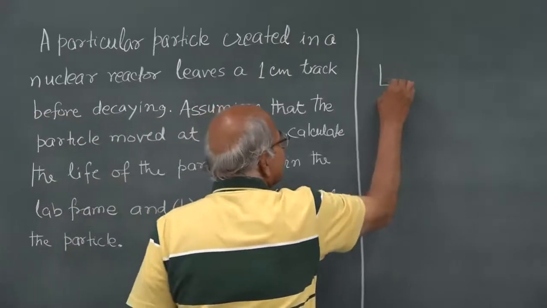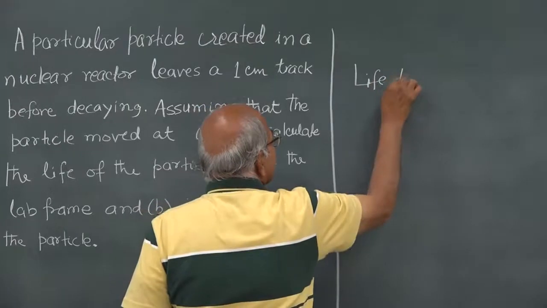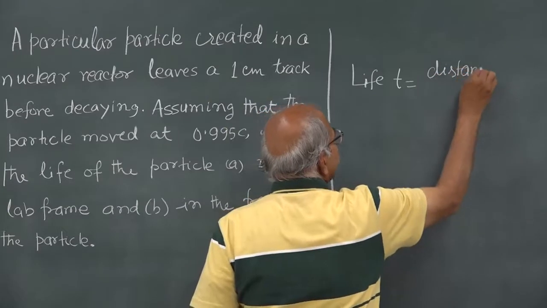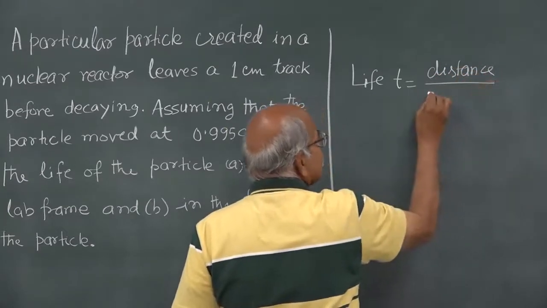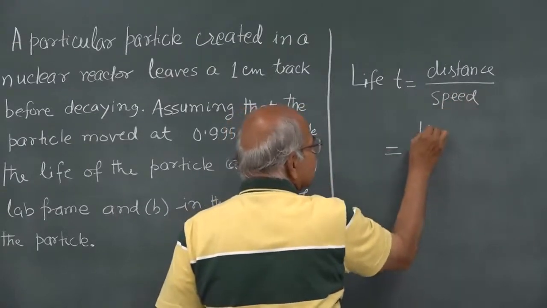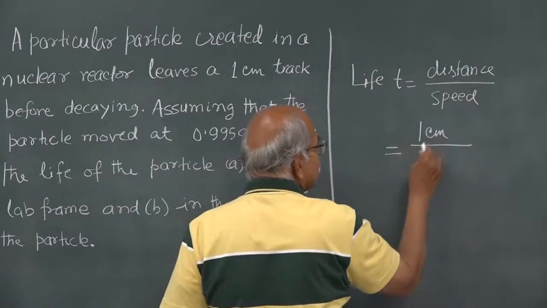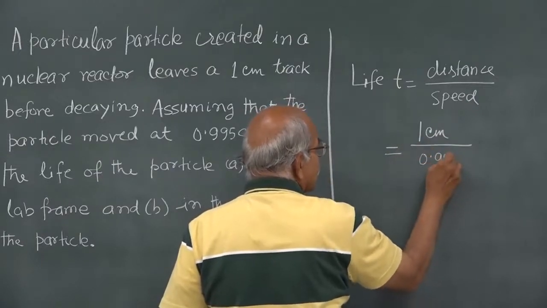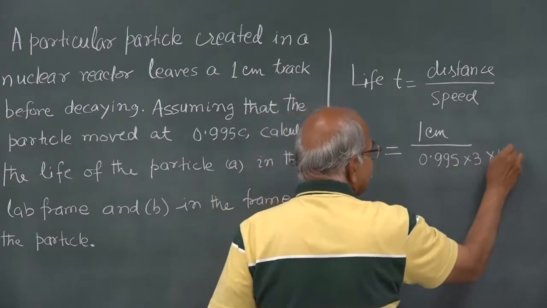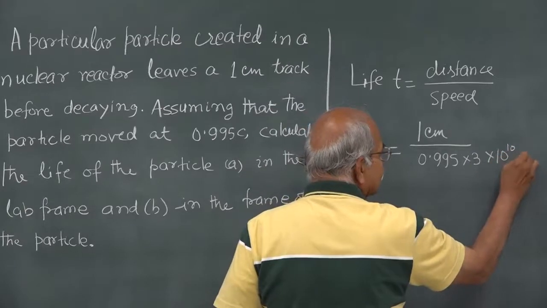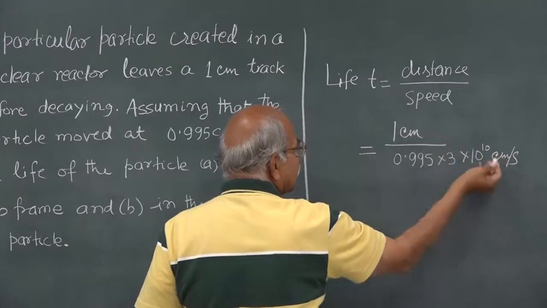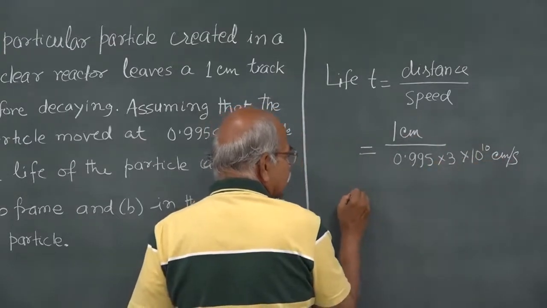So, the life, that means time, is distance travelled divided by the speed, and that is 1 centimeter divided by speed, which is 0.995 c, 3 into 10 to the power 10 centimeter per second. Okay, so, you can cancel this centimeter and this whole thing will become in seconds.